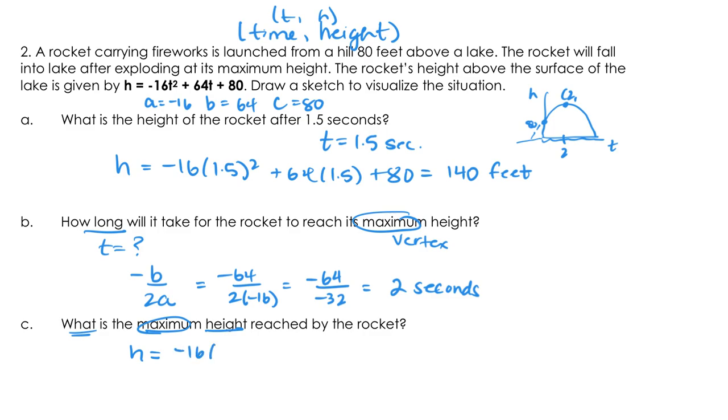So negative 16 times 2 squared plus 64 times 2 plus 80. Again, pause here and try this in your calculator. And hopefully when you do that, you get 144, which would be feet. So up here, this would be 144. That's as high as any of our fireworks will get.